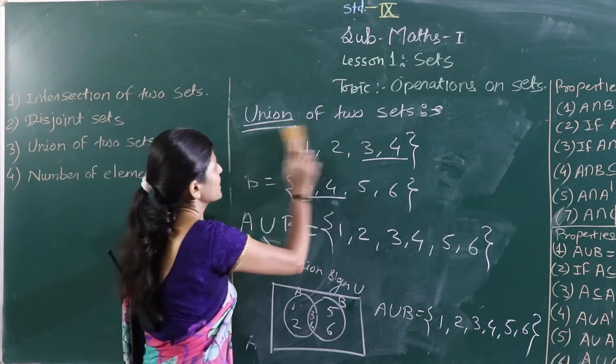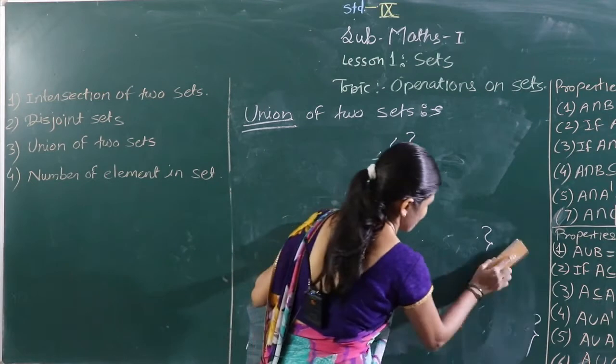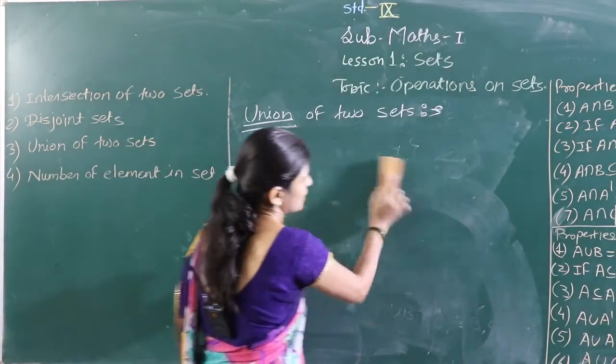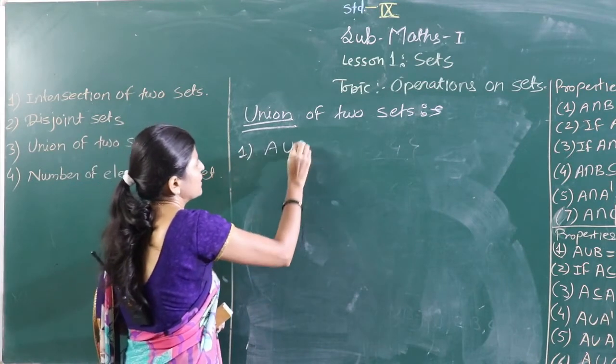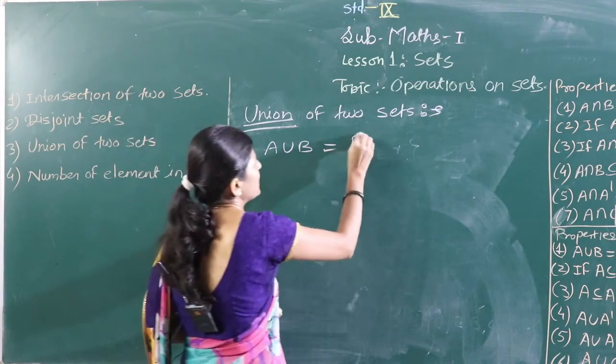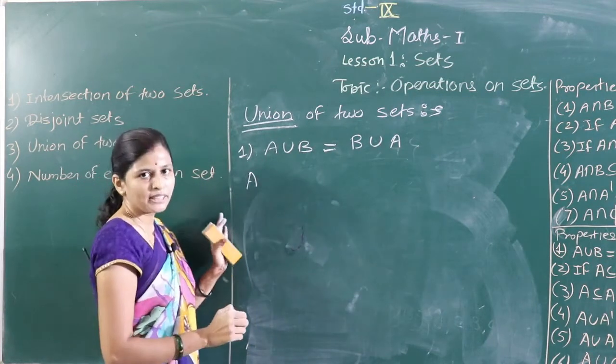Now we see properties of union. First property is A union B is equal to B union A. This property we prove by taking an example.